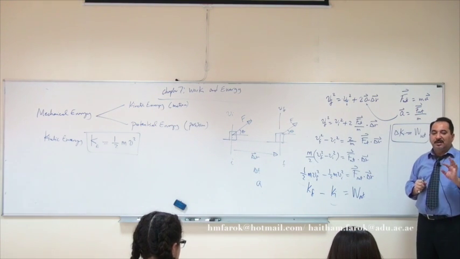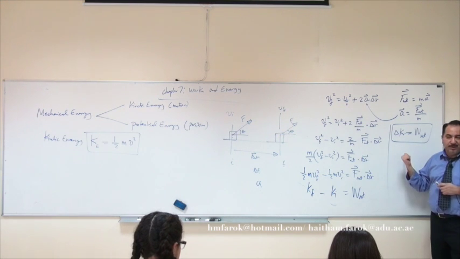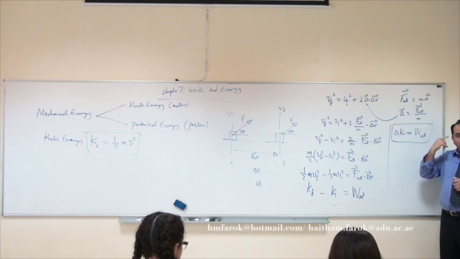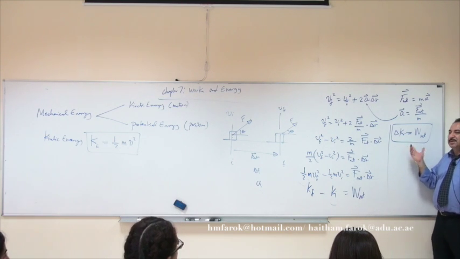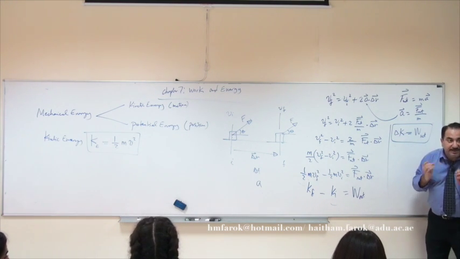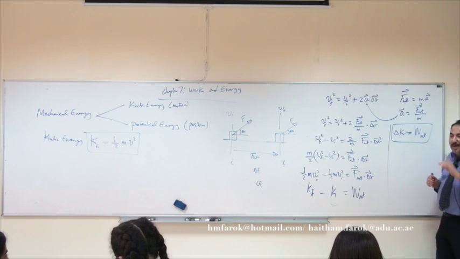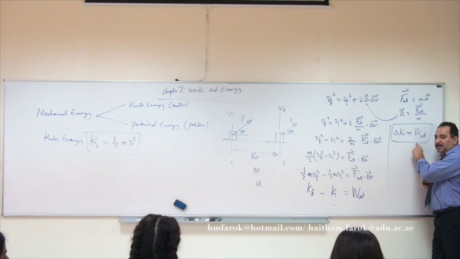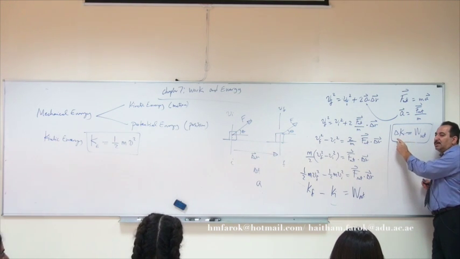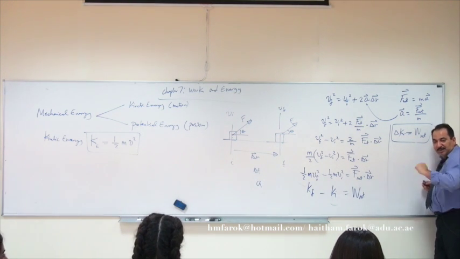This equation is very important in chapter 7. This is the central equation, the focus of the chapter. You always use it, always have it in mind. What does this equation tell you? It tells you in any mechanical system, whenever you calculate the total work on the system, it's always equal to the change in kinetic energy of the system.